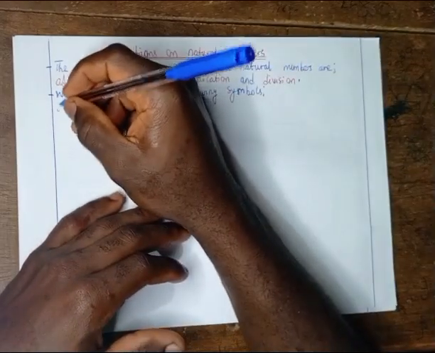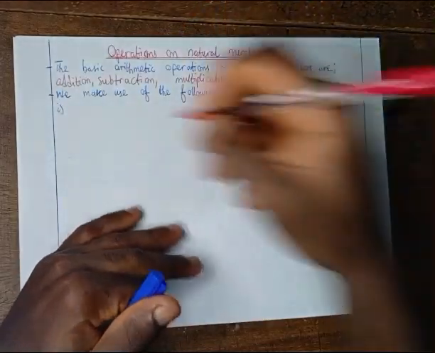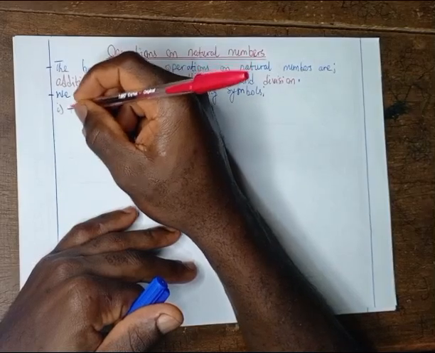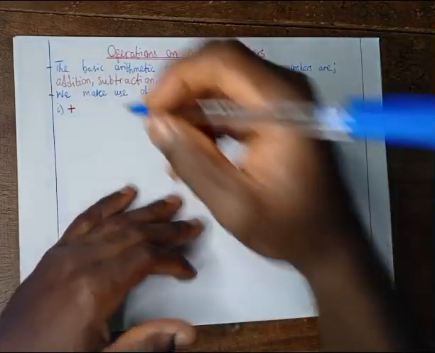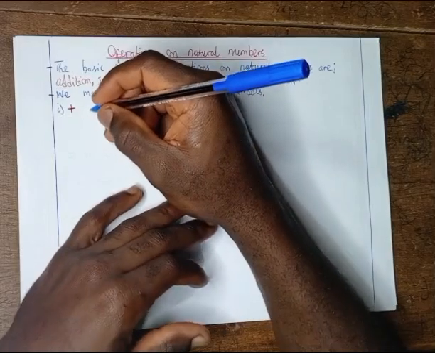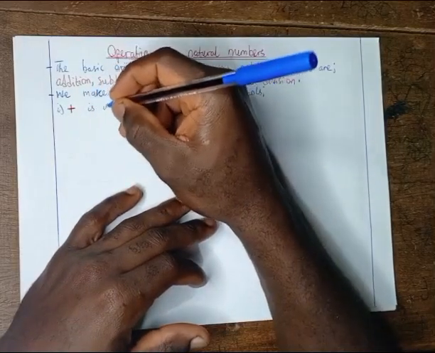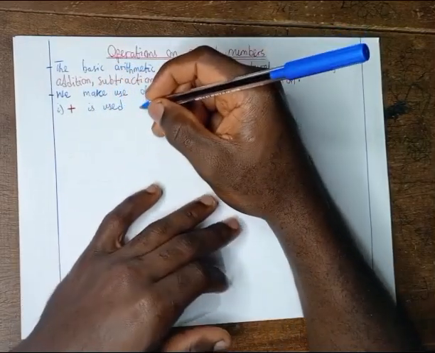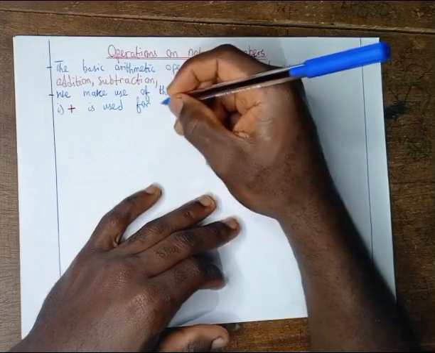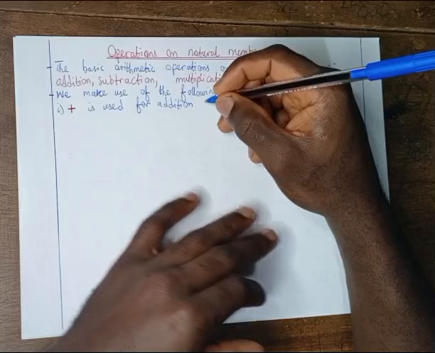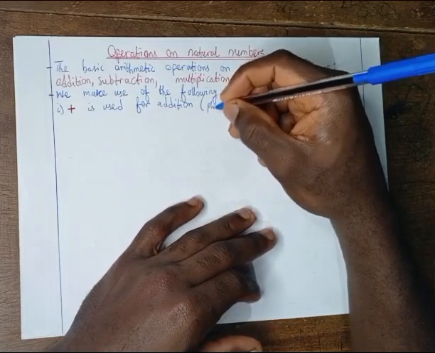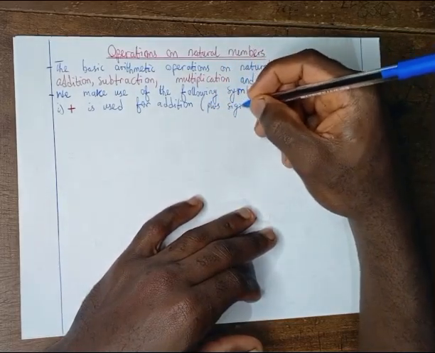The first one, I make use of the symbol which looks like a cross, call it the plus sign. This symbol is used for addition. In bracket, I'll write the name, the plus sign.